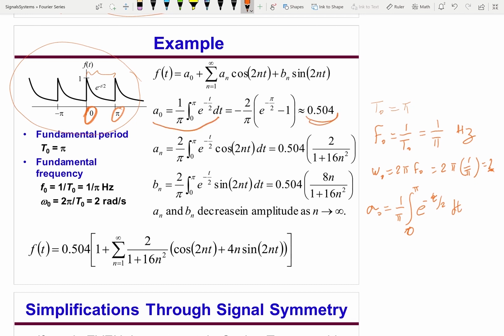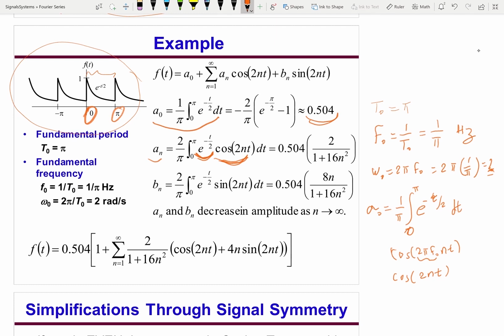Now how do we find an? An is the integral of the signal x of t, or f of t, times cosine 2 pi f0 nt. And 2 pi f0 is omega 0, which is 2, so that's cosine 2nt, and that's this one. To integrate this, it's going to involve u substitution and all these kinds of things, so it's going to take a long time.